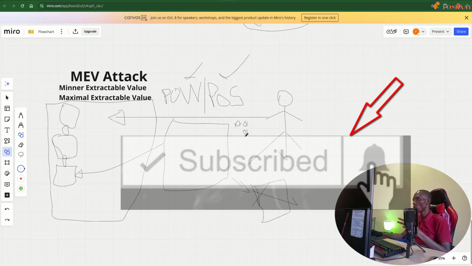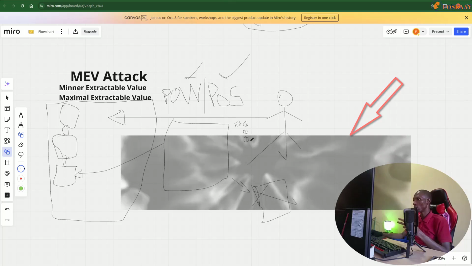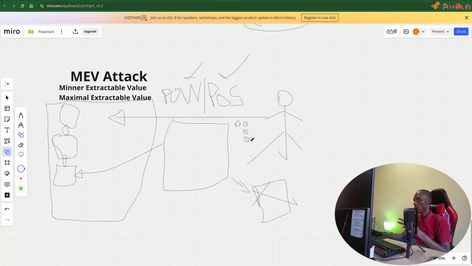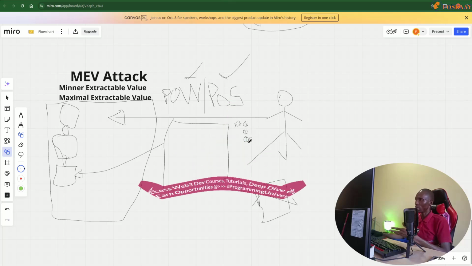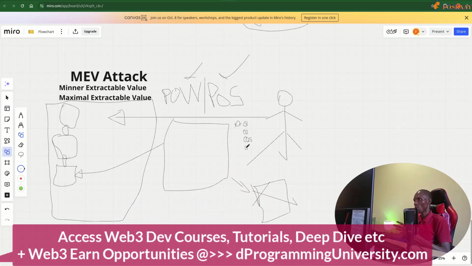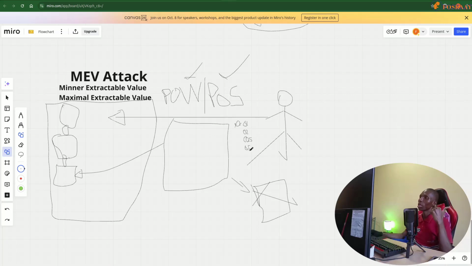You also will want to pay maybe 0.25 to get in, and then somebody will come and say, no, I can't wait for this transaction because I want to do a trade and I will get enough profit, and that person pays 0.5. So before you know it, this blockchain will end up having something like 0.1 as a fee if this MEV attack is not checked.